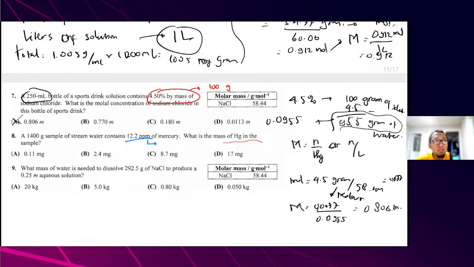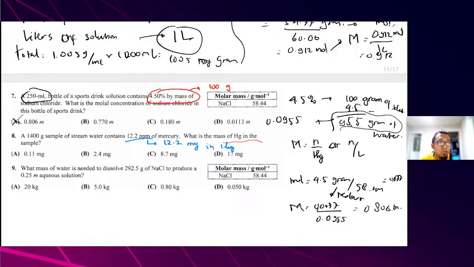It tells us 12.2 milligram in 1 kg. So just remember 12.2 ppm is milligram per kg, and the sample size is 1400.